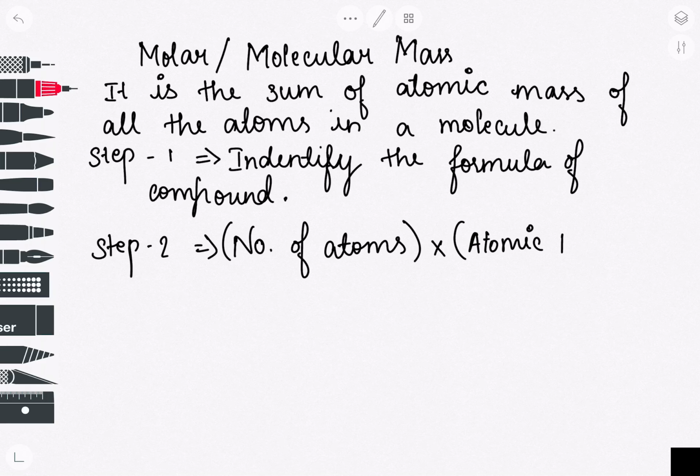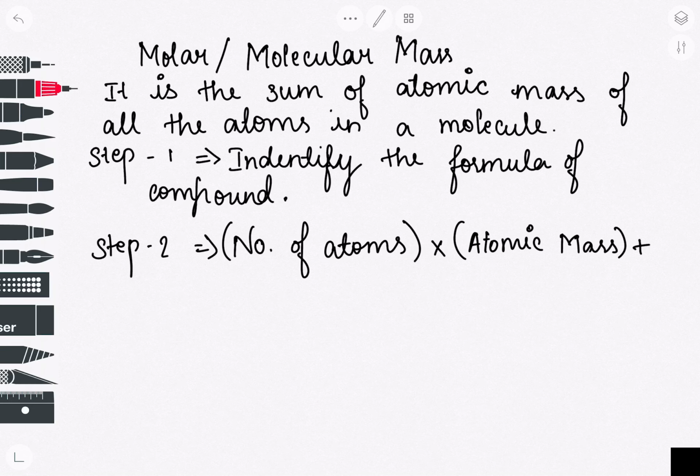This is applicable only for a single atom. In a compound we generally have two elements, so we have to add both: add the plus symbol and apply the formula for the next element also. We should take an element, find the number of atoms present in it, which is written in subscript form after the element.